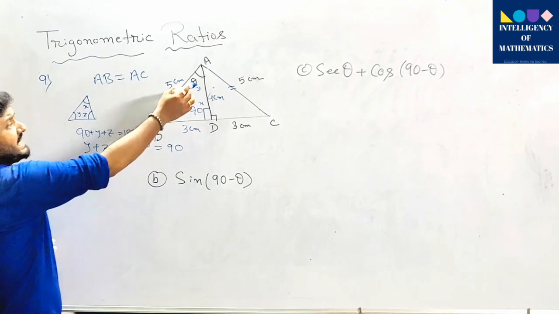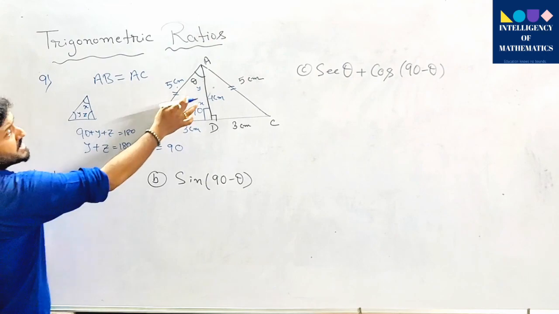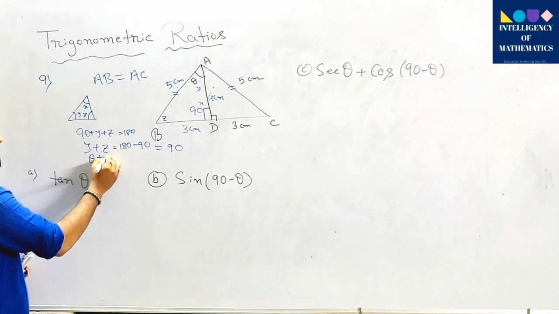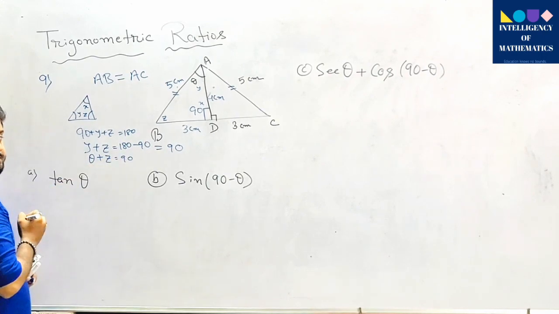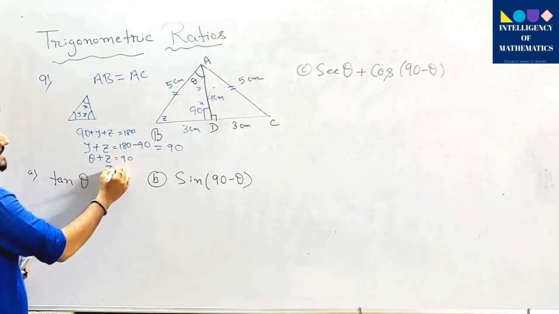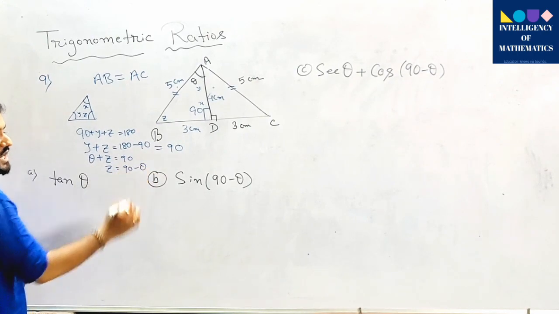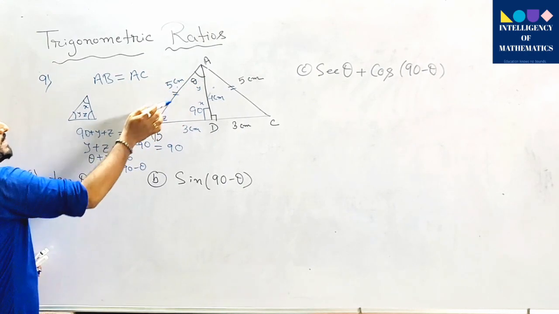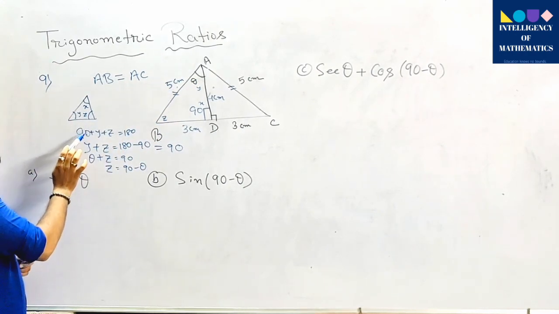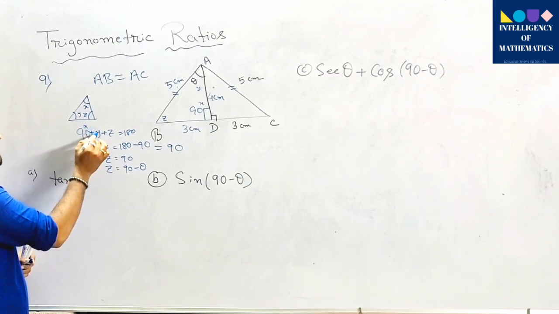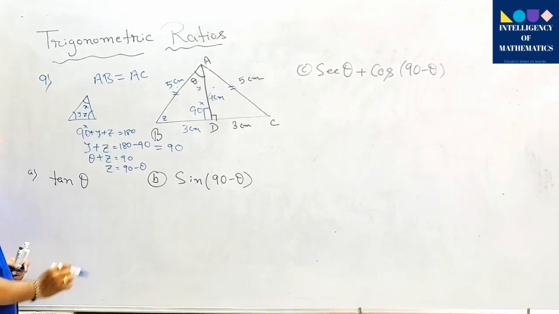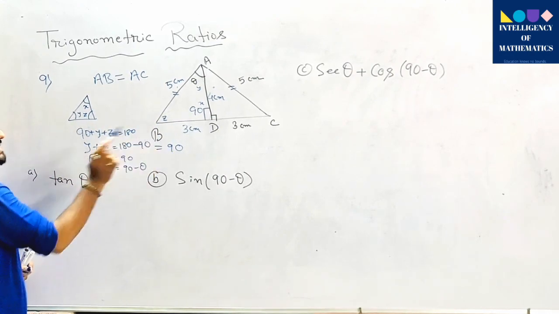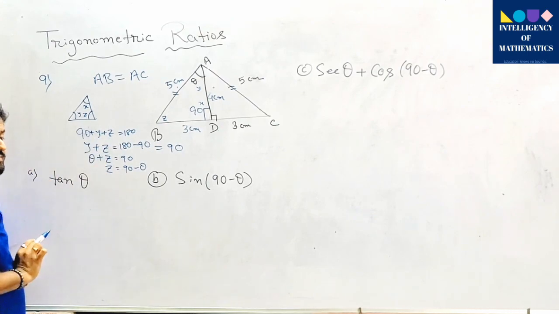In the same way, one angle is given as theta. So suppose in place of y, I put theta. Then theta plus z will become 90 and z will become 90 minus theta. Once more I am telling, these 3 angles have to sum to 180. So we considered x plus y plus z is 180. This is 90, so x plus 90 we put. 90 shifted, we got 90 is the sum of y and z.